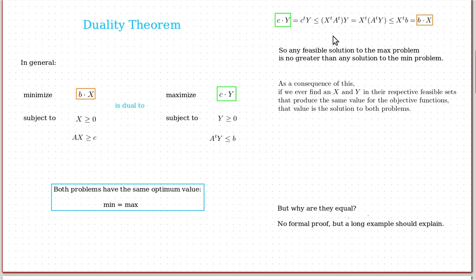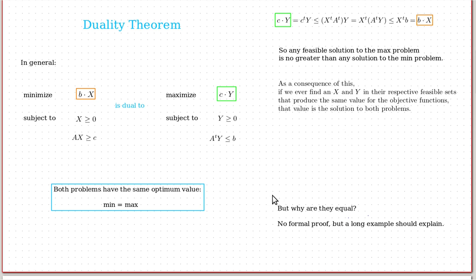If you happen to find that they both produce the same objective value, there's no way that could happen unless the solution to the second one is the maximum and the solution to the first one is the minimum. So if you ever find that's the case, you will have solved both problems, right? The only way to get the optimal values to overlap is if you have a solution to both of them. Otherwise, they will satisfy this inequality, but they won't be equal.